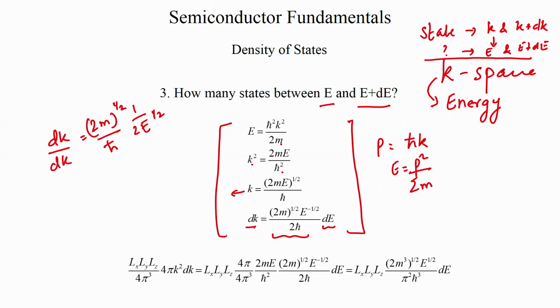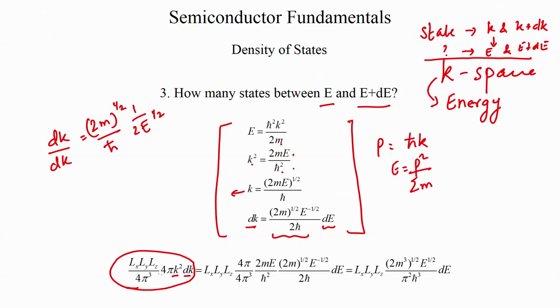Now what we are going to do is, we know that the number of solutions in this region between k and k plus dk is this. Now we are going to substitute for k square and dk with these expressions in terms of E and dE. So what is k square? k square is 2mE by h bar square.